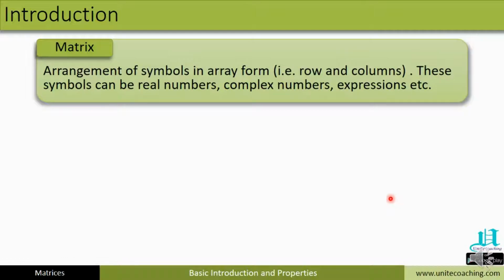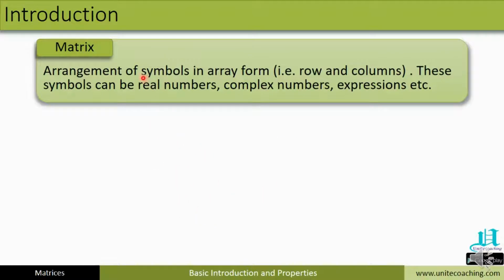Let me explain. In school, we used to gather in the school ground for the prayer. There we used to form rows of students for the prayer, right? So those were the arrays, the row and column form which we call arrays.